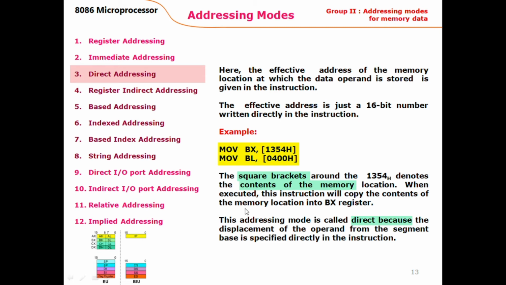When executed, this instruction will copy the contents of the memory location into the BX register. So this is an effective address. At this address in the data segment, 16-bit content will be copied to the BX register.